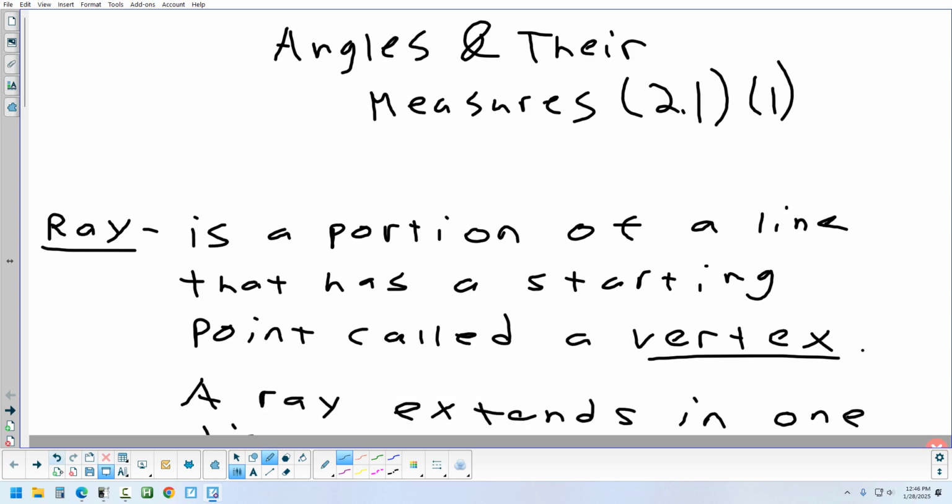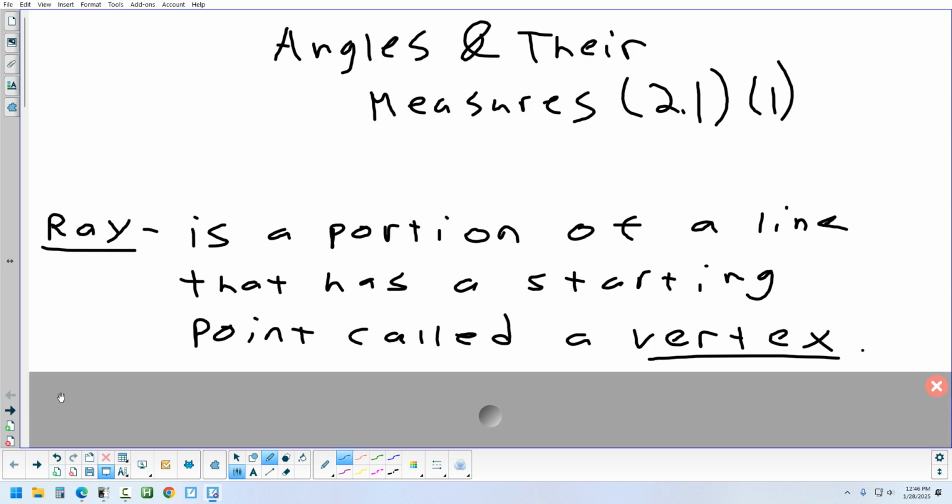Before we even talk about how to measure an angle, I'm just going to talk about the two sides and what those are called in an angle. So when you draw an angle, there are two sides to it, and each side is called a ray.